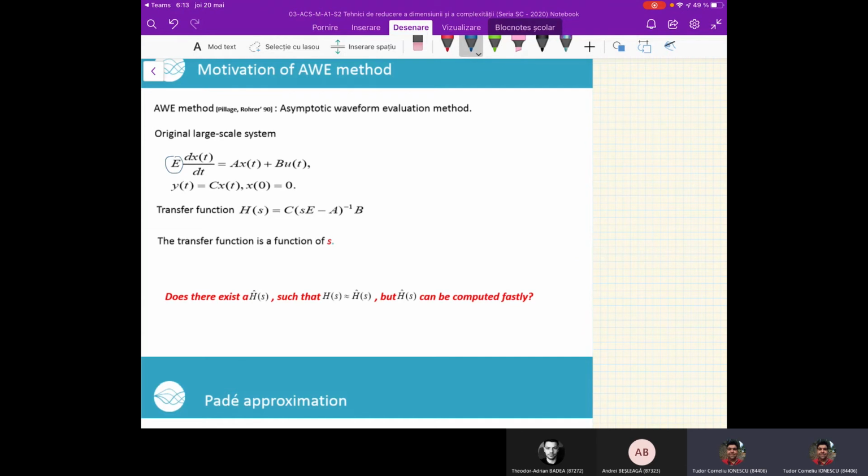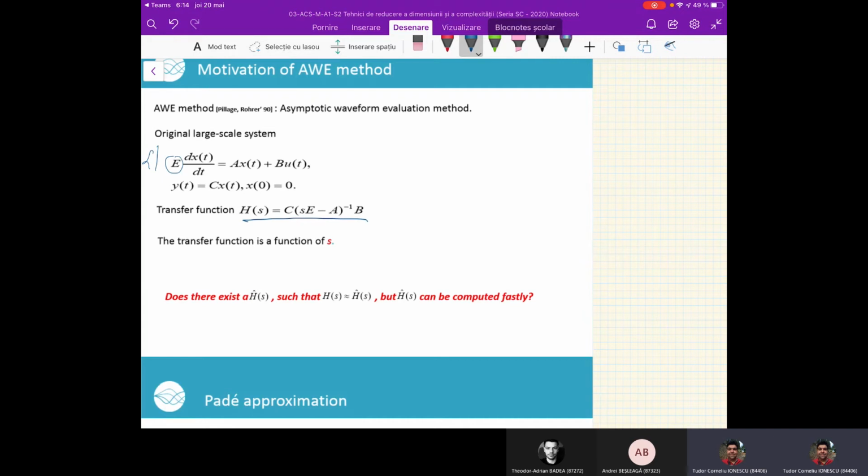Here we still have eigenvalues, but you do not have the eigenvalues of a matrix, you have the eigenvalues of a matrix pencil, it's called. Okay? And the transfer function is the same, because once you apply the Laplace transformation on this equation, you end up with this transfer function.